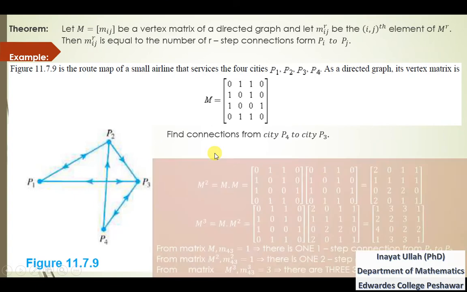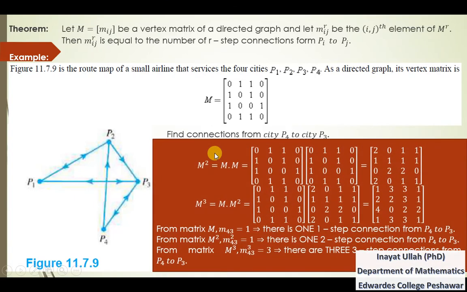So we need to find the connections. For that purpose, we need to find the powers of this given matrix. Find M square. How could we find M square? M into M. How could we multiply these two matrices?